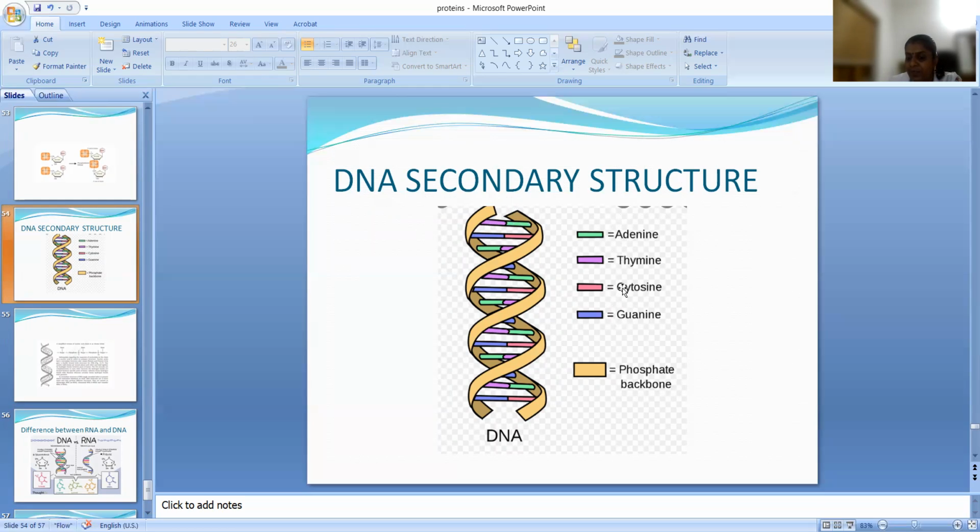This is the only combination possible: A bonds with thymine, and cytosine bonds only with guanine. So AT and CG are the only combinations. This is the phosphate backbone, and the strands coil together by forming bonds between adenine and thymine, and cytosine and guanine.